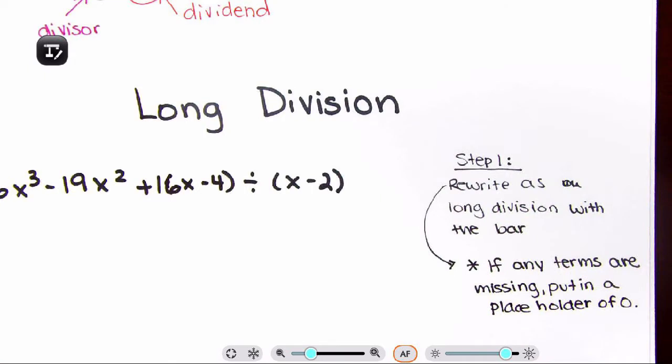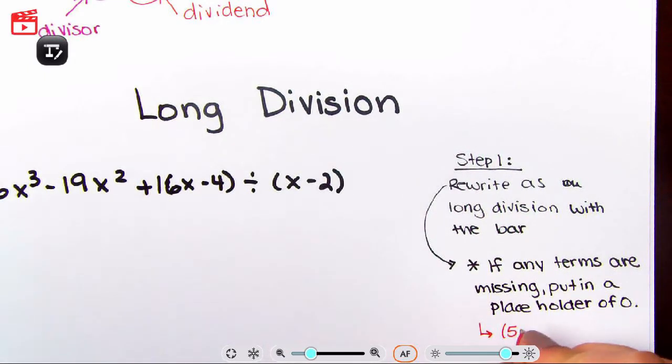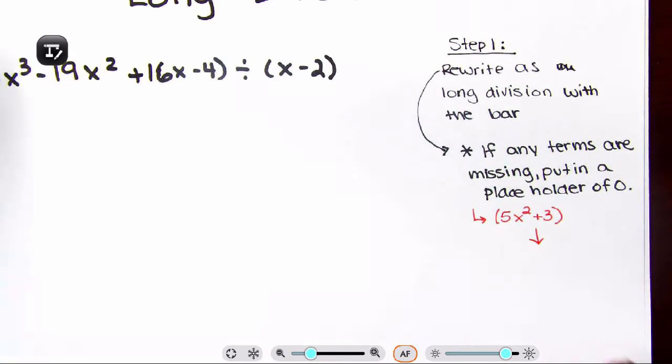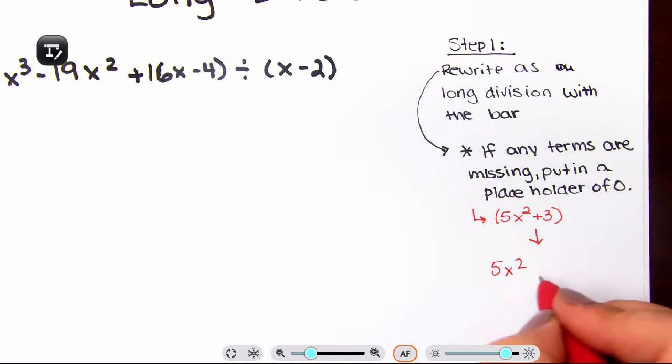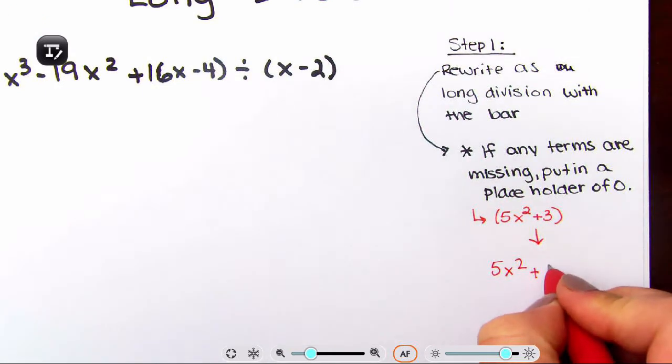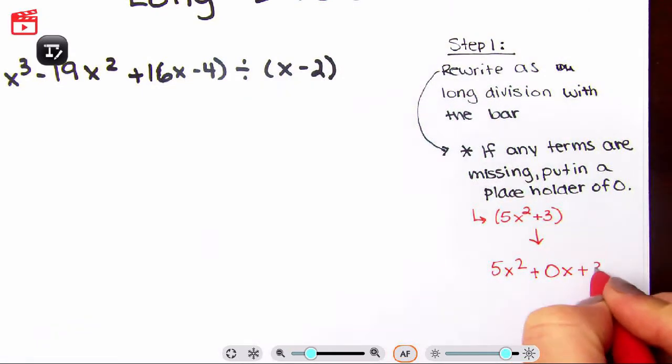For example, if we have 5x squared plus 3, we would rewrite that as 5x squared plus 0x plus 3.